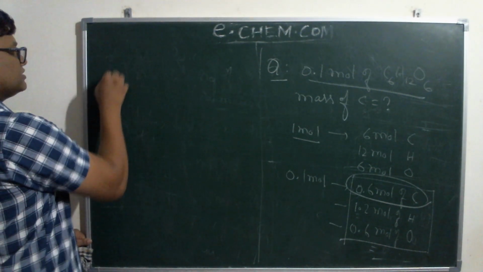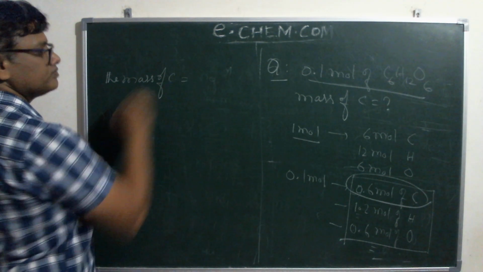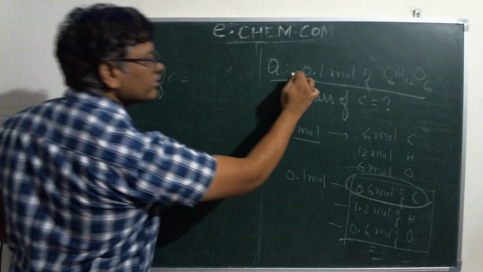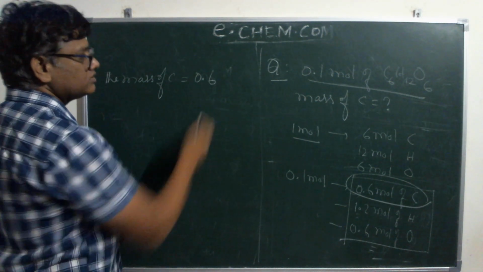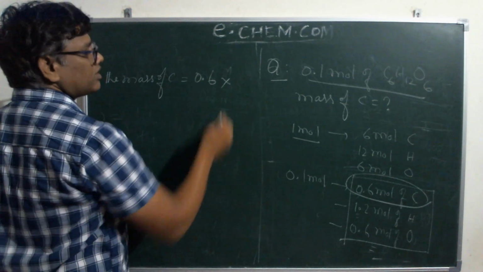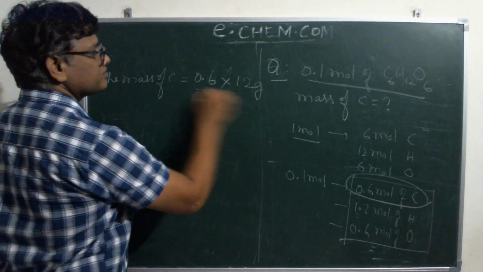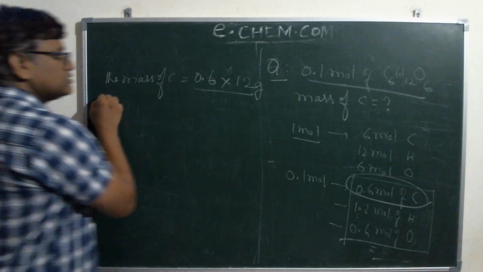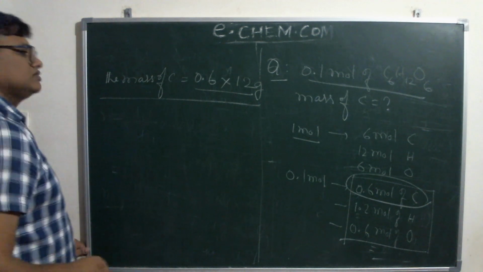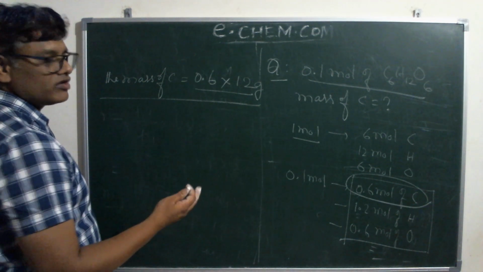So the mass of carbon is equal to the number of moles, 0.6 moles of the carbon, into its atomic weight, which is 12. So this many grams we will get. Right, like this, calculations based on the masses, taking the number of moles will be given.